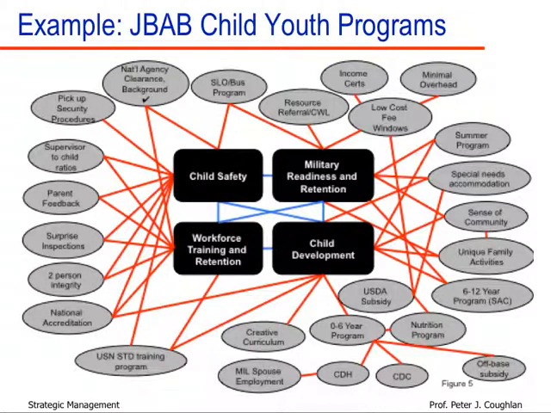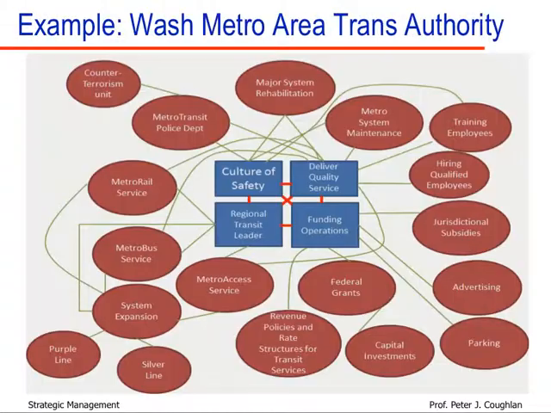Here's a few that are around themes or goals. Here's the JBAB Child Youth Programs, everything from child safety to military readiness and retention, child development. And you see in the middle here, in these rounded rectangles, are the goals or objectives of the organization, and then the activities that serve those goals are arrayed around. Same thing here.